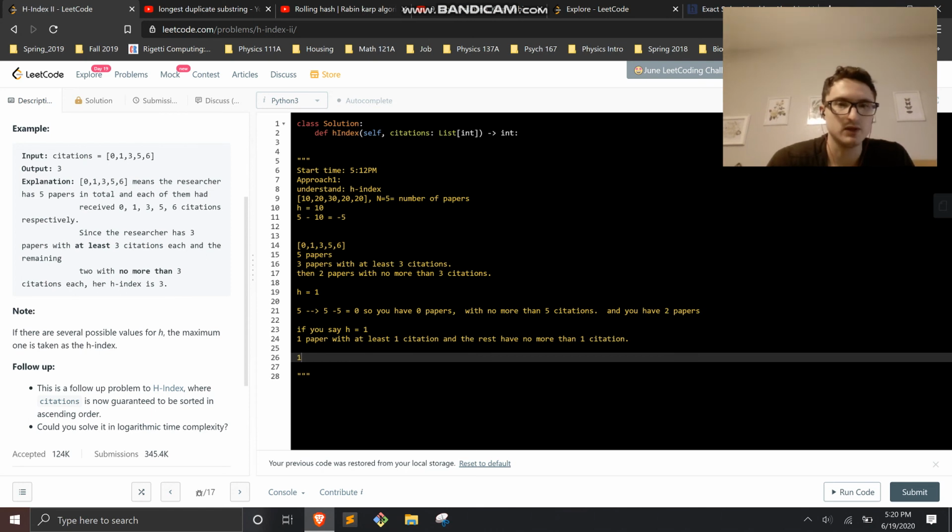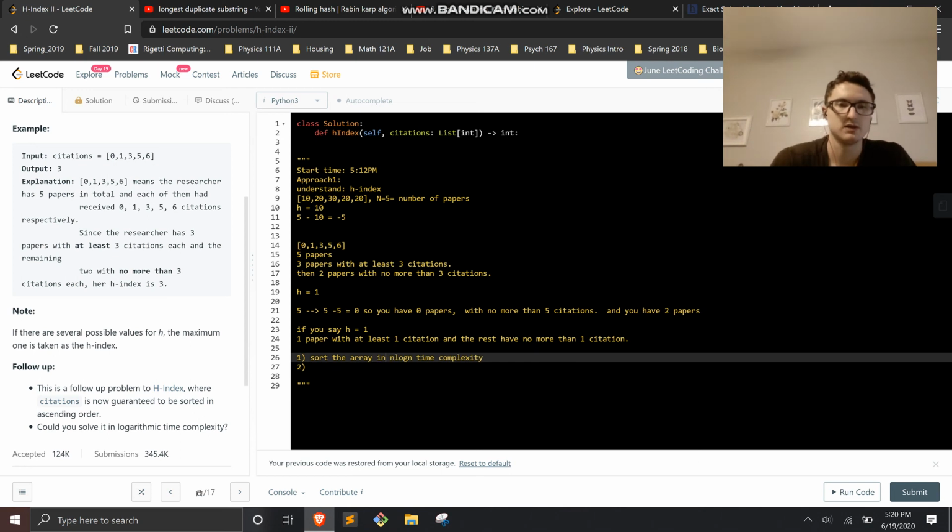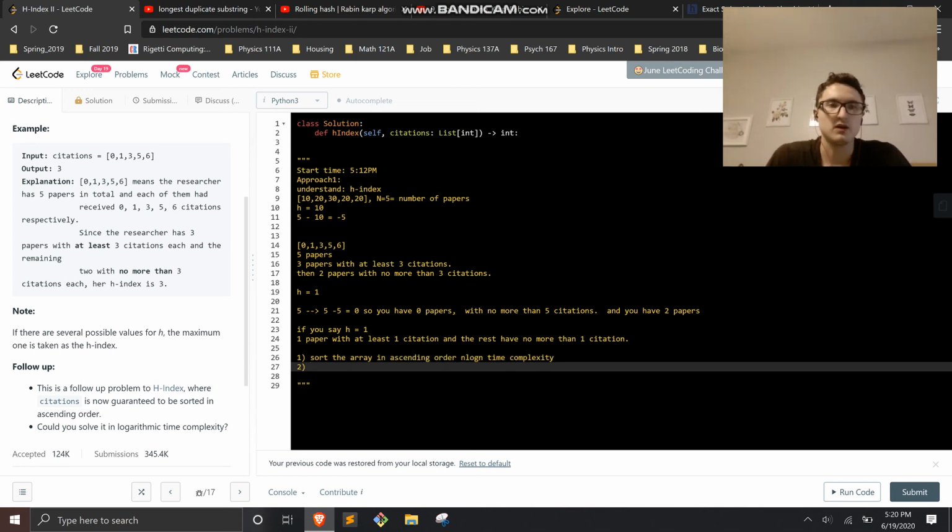so I feel like one thing you want to do is sort the array, which is going to take n log n time complexity. So once you sort the array in ascending order, I feel the answer is going to be based on the number of papers.